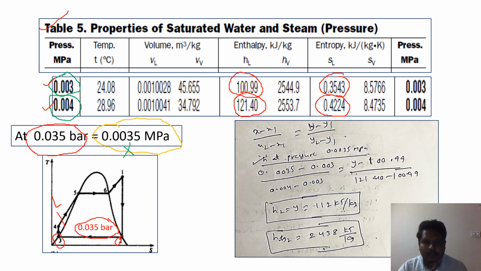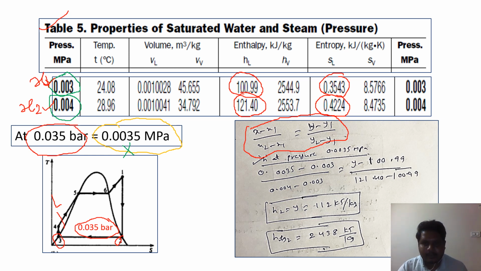From these values we can do interpolation. So this is the equation: x minus x1 divided by x2 minus x1 equals y minus y1 divided by y2 minus y1. Here x1 value is 0.003 megapascal and x2 value is 0.004 megapascal.